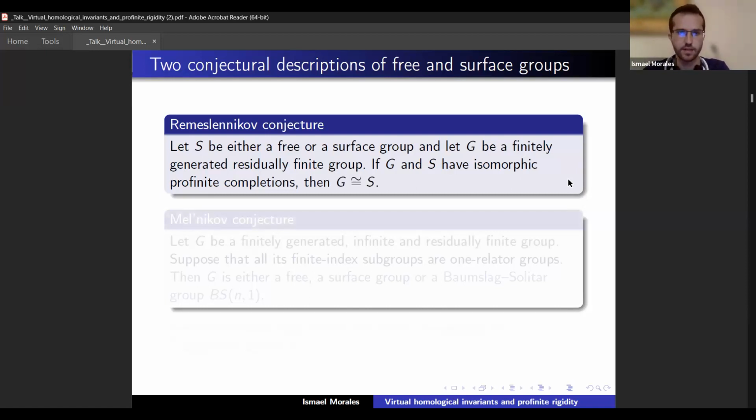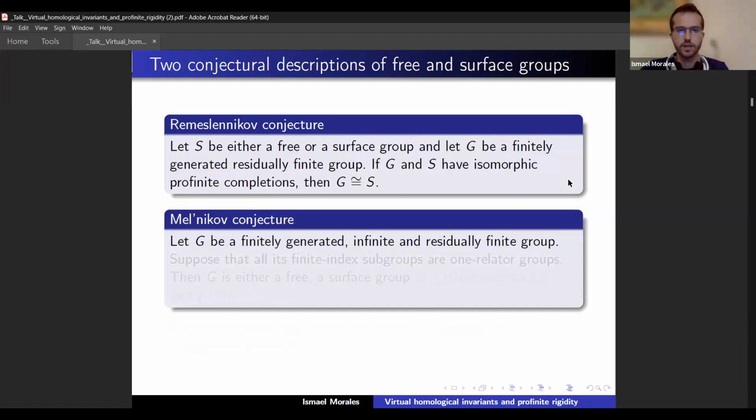That's basically the only case. This is an example of a question about profinite rigidity. I'm not really going to talk about the theme, but that is why profinite rigidity is in the title: the motivation of attacking this question, at least for some groups G.